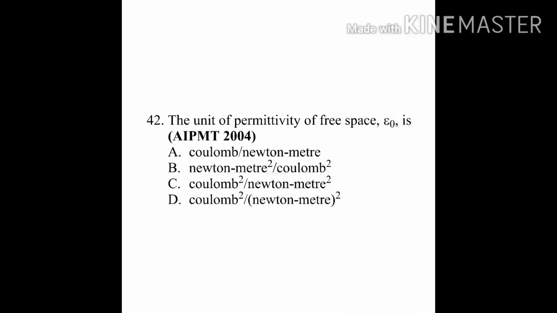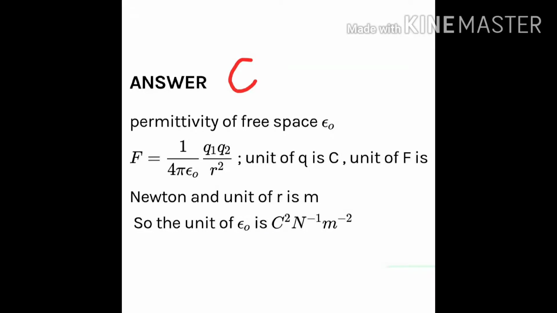The unit of permittivity of free space is option A coulomb per Newton meter, option B Newton meter square per coulomb square, option C coulomb square per Newton meter square, option D coulomb square per Newton meter whole square. The correct option for question number 42 is option C. Here we know the formula for permittivity of free space.